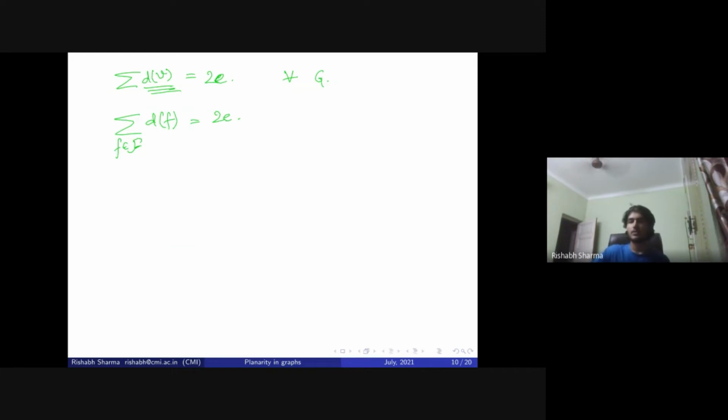You can associate an edge separating two boundaries. Okay. So you're saying we associate that to both the faces, like that edge contributes 1 to the degrees of both the faces.